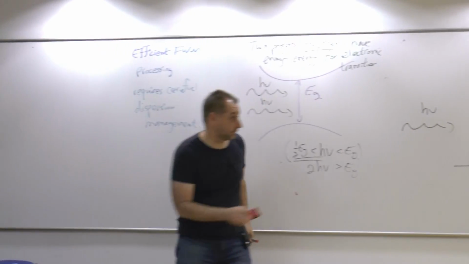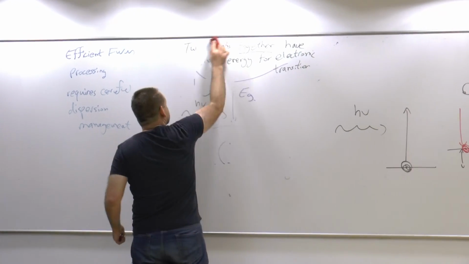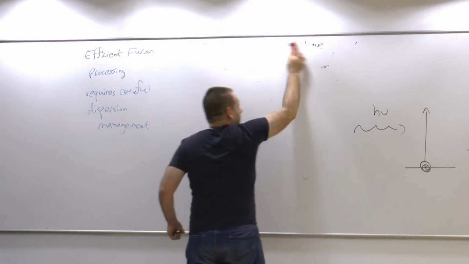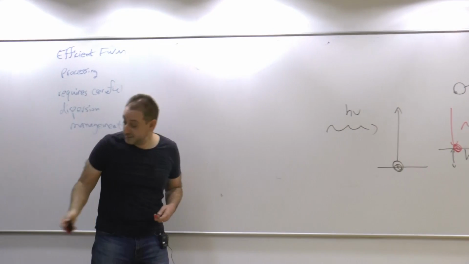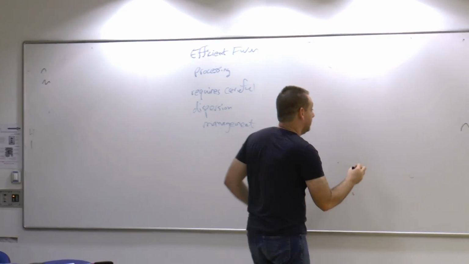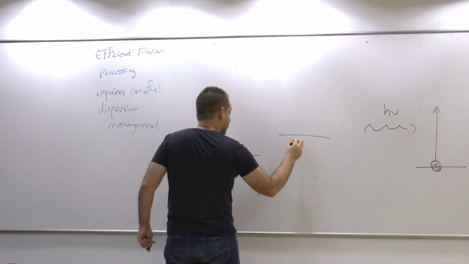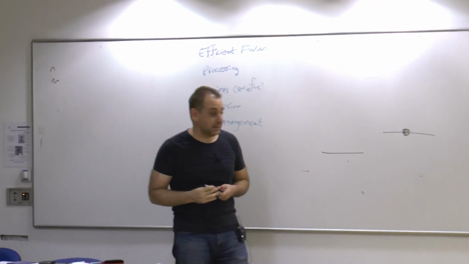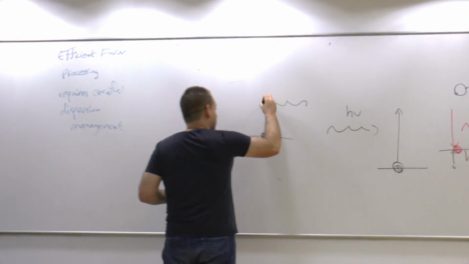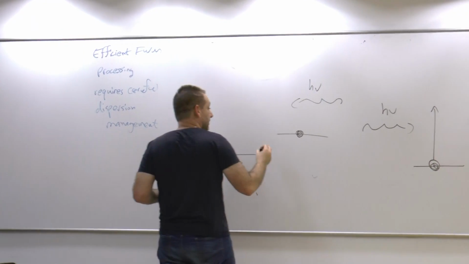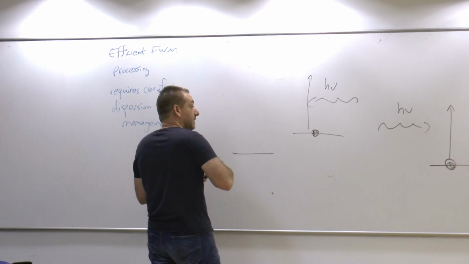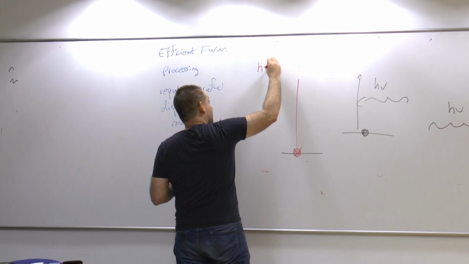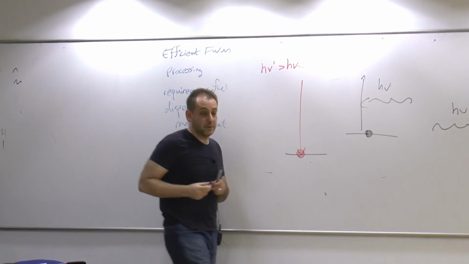But the opposite might happen as well. If I repeat this cartoon here, and for some reason the molecule is initially at the elevated state, and now a photon is incident, it might be absorbed, and a different one will be emitted at a higher frequency.